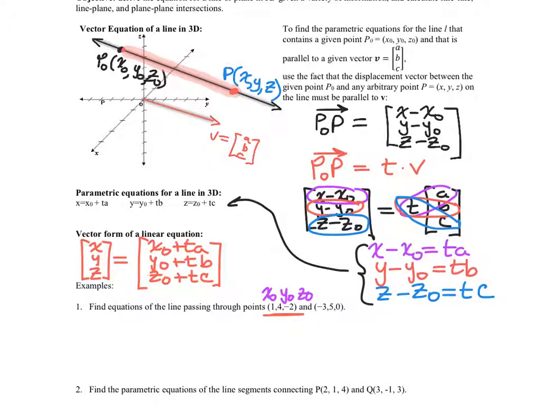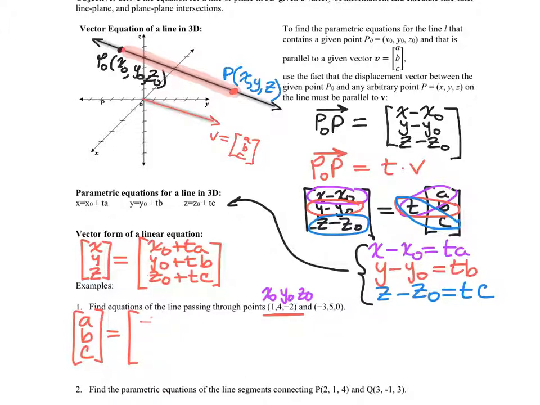The ABC, so the vector v if you want, but it's really the ABC values that are in the parametric form. It's going to be the displacement vector, which is the difference between the 2 coordinates, with corresponding parts. So we're looking at 1 minus negative 3. Or negative 3 minus 1, it doesn't make a difference.